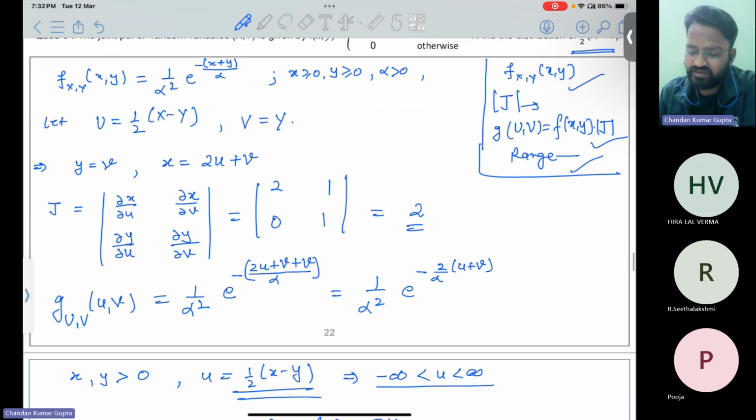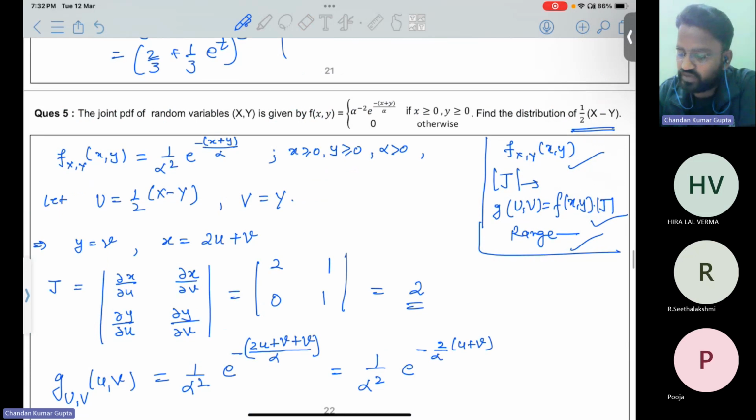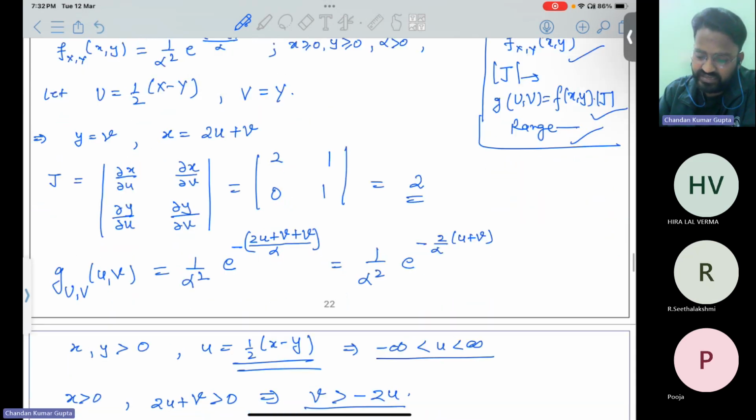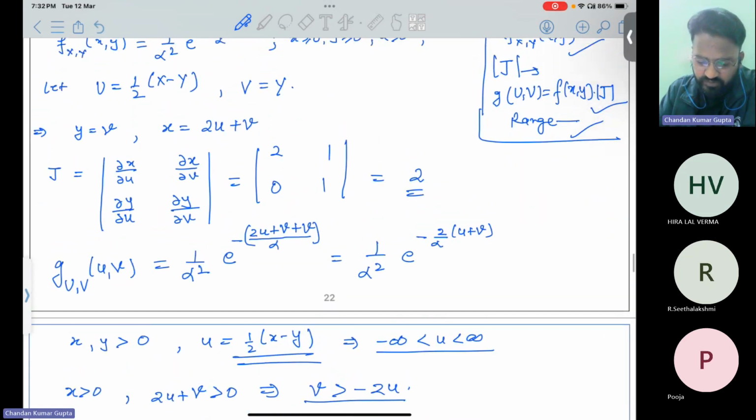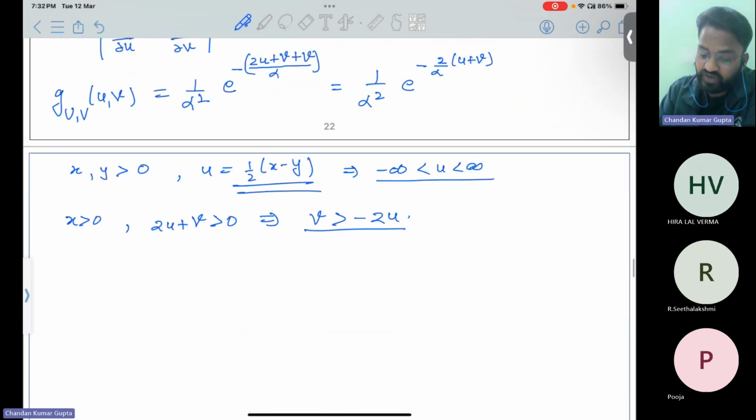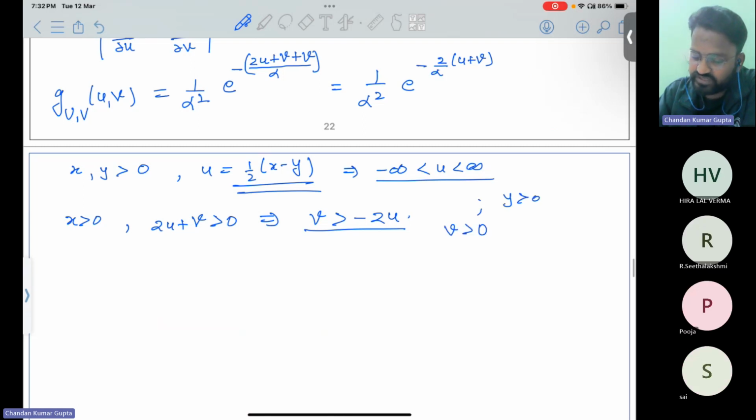Now our aim is to calculate the distribution of half of x minus y. There is also one more point: y equal to v, and y is greater than 0, so v is also greater than 0.